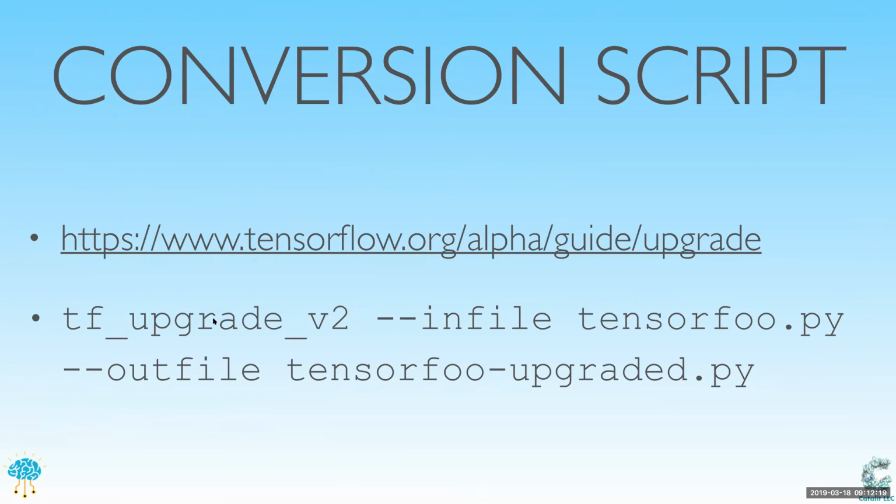It's a script that comes built in when you install TensorFlow 2, and the way you use it is you pass a file and the name of the output file, and this script will try to upgrade all the functions that have a respective function in TensorFlow 2, and those that don't have a corresponding function in TensorFlow 2 will be simply changed to the compatibility module, which we'll see in a second.